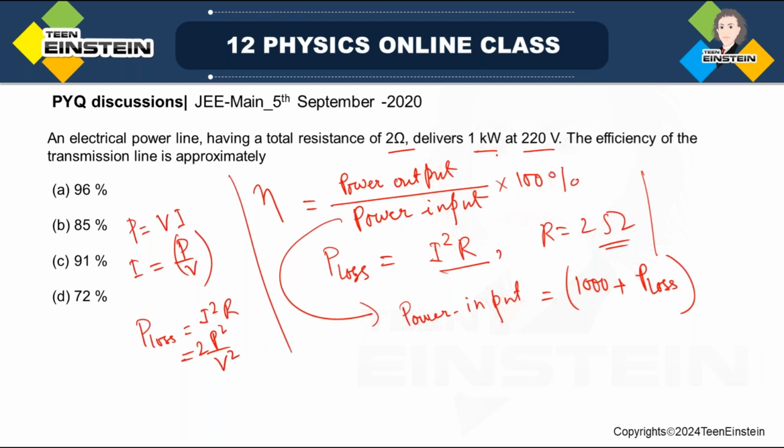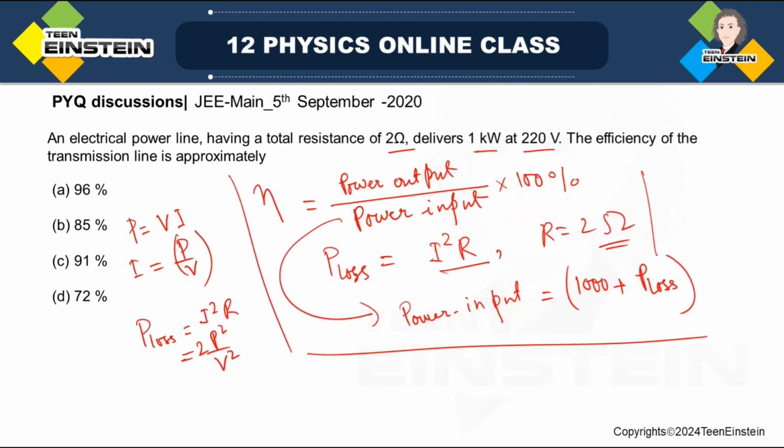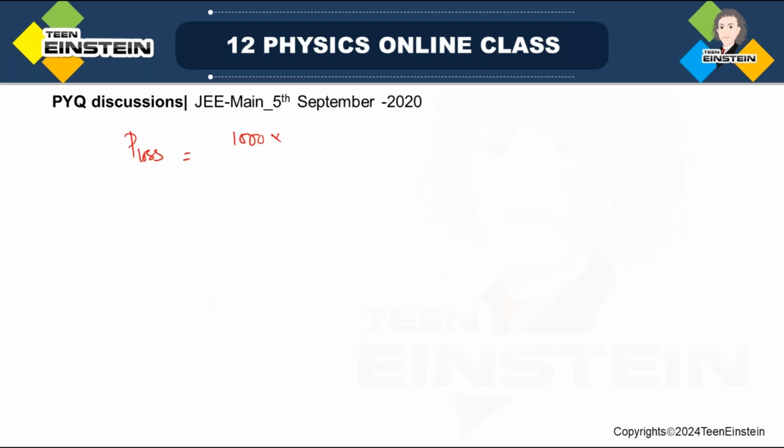So what is P? P is 1 kilowatt, isn't it? So let me first find out what the lost power is. Lost power is 2 into P square by V square, where V is 220.